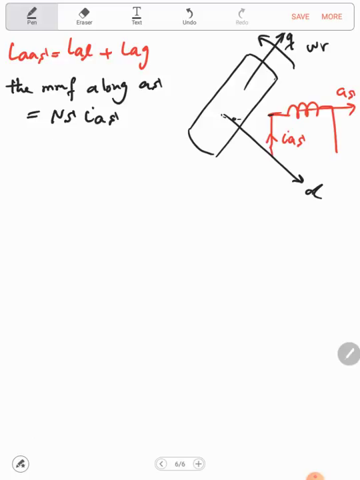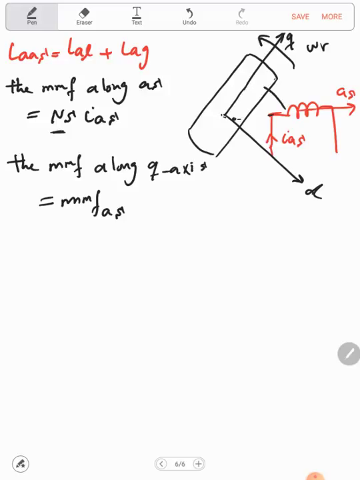Now, this MMF in the direction of phase A will induce MMF in the direction of the Q and the D. So, the MMF along the QS will equal to the MMF along AS multiplied by cosine of the angle, and the angle between AS and QS, this angle is theta r. So this will be cosine theta r.